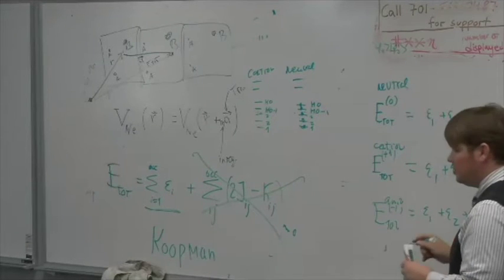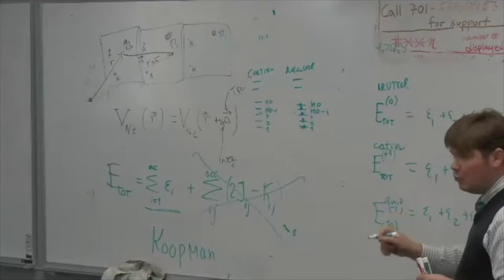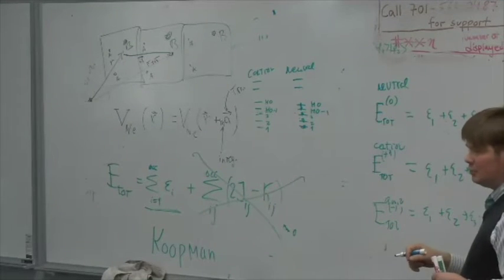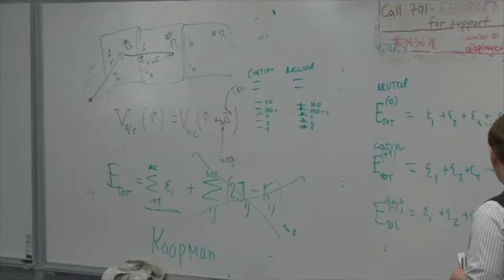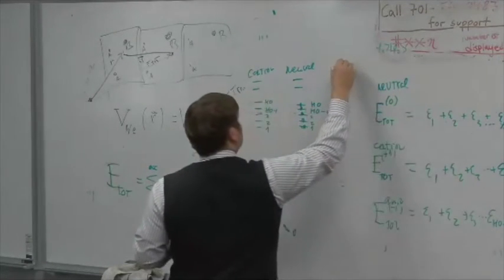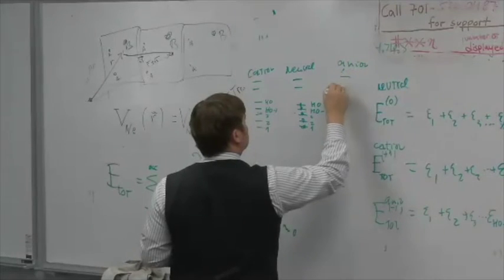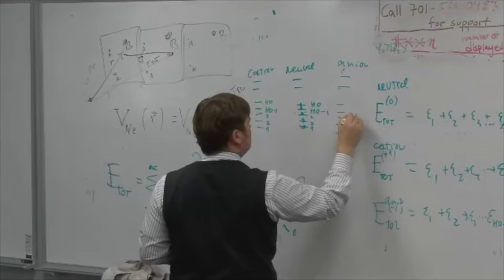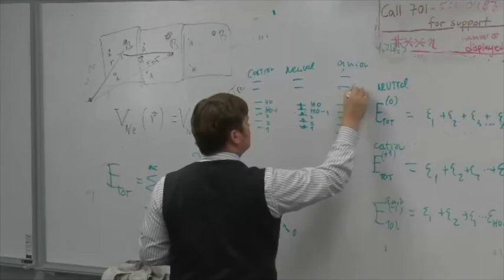And if it is an anion, it means we contribute one more electron. It cannot sit on HOMO because of the exclusion principle, so it goes to the LUMO orbital, the next orbital.